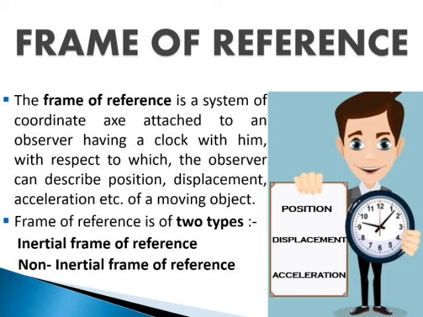Now here there are two types of frame of reference. First, inertial frame of reference. Second, non-inertial frame of reference. Inertial frame of reference is one in which Newton's first law of motion holds good. For example, a frame of reference attached to a person in a bus at rest or moving with a uniform velocity along a straight path.